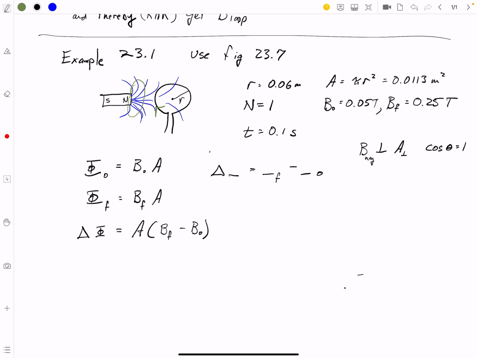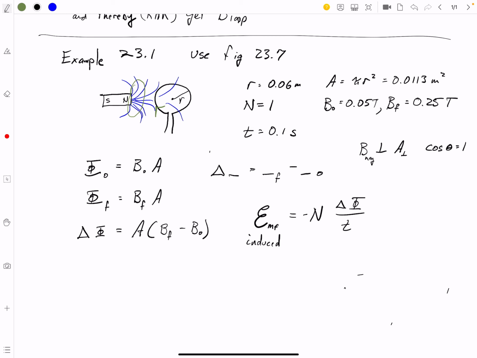So we've got that, and now we can use our equation for the EMF induced in the wire. That's equal to minus the number of loops, which we know, times delta phi over time.